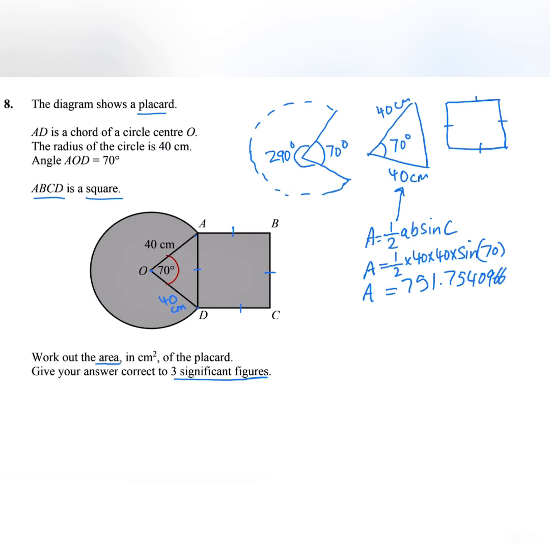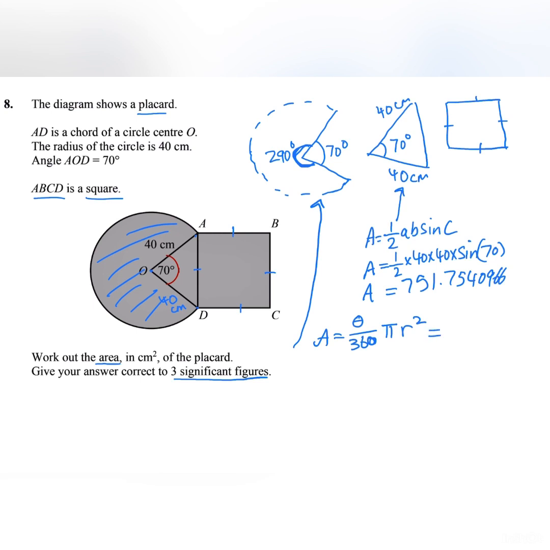Now, the next thing we can do is work out the area of this sector of a circle. We know that the area of a circle is pi r squared. But since we only want this part of the circle, which is 290 degrees, you have to put this fraction at the front of the formula. Whatever fraction of the area you need goes at the front.